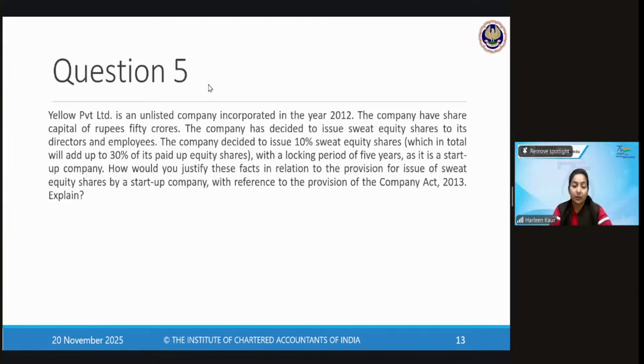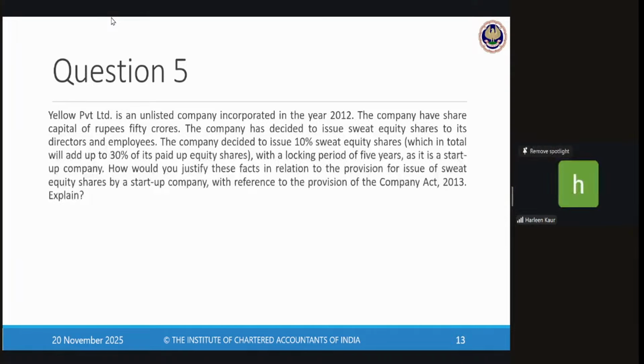You want to revise sweat equity shares फटाफट से पहले या सीधा ही क्वेश्चन करोगे? Okay, good, Krishna. Then solve this question, everybody. Write your answers in 3 different paragraphs: provisions, facts, and the conclusion. Everyone should write the answer to this.